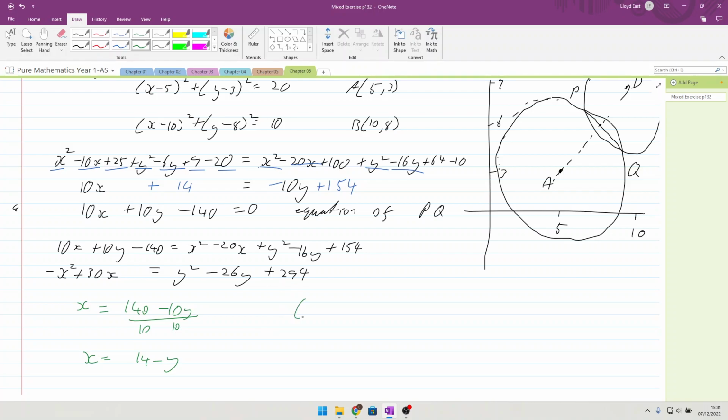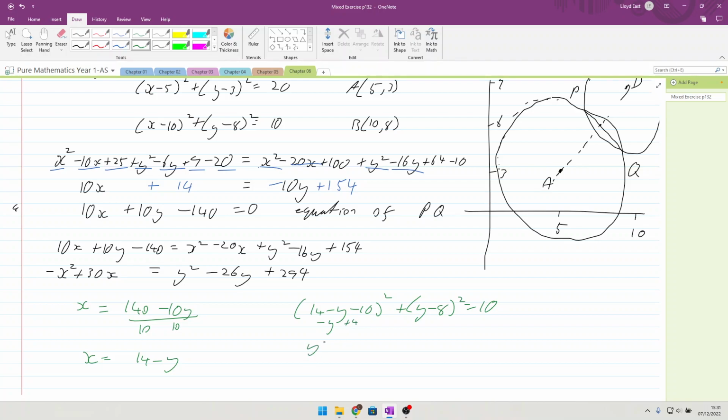So let's start with the one that we had already started with, 14 minus y minus 10 squared plus y minus 8 squared equals 10. Okay, 14 minus 10 is 4, so we've got y minus y plus 4.